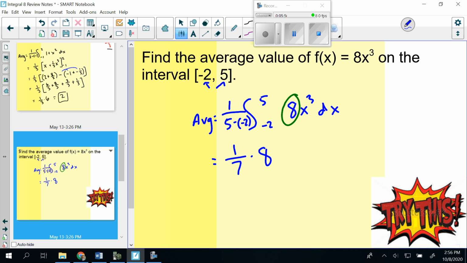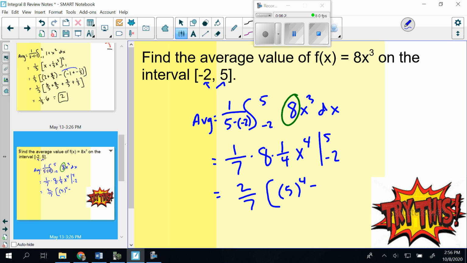So then figuring this out, this would be x to the 4th with our reciprocal of 1/4 there. And we want to integrate that from 5 to negative 2. Combining all these together now, 1/4 of 8 is 2, so this will be 2/7. And now plugging in what we got, 5 to the 4th power minus negative 2 to the 4th power.